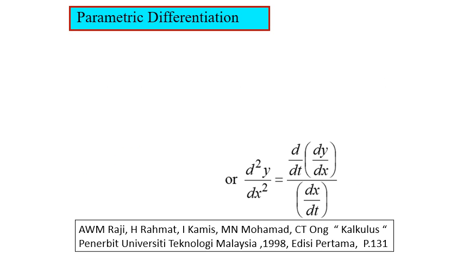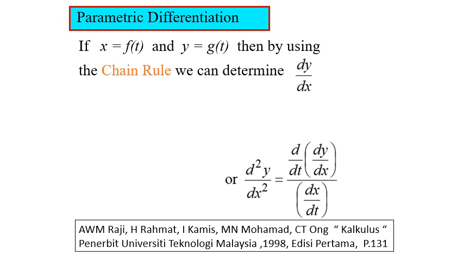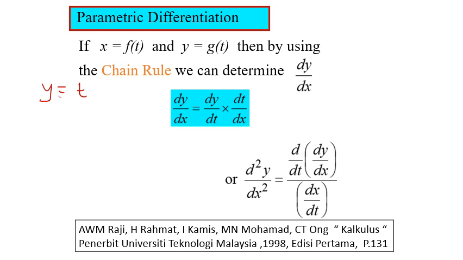So how do we differentiate using parametric differentiation? From these two equations, we will use the chain rule to determine dy/dx. The first equation, y in terms of t, gives us dy/dt.